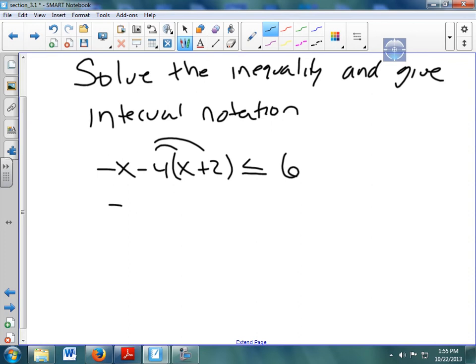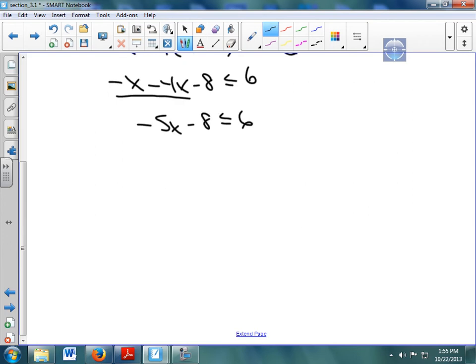So I have negative x minus 4x minus 8 less than or equal to 6. Combine like terms. I'm going to add an 8 to both sides. Negative 5x less than or equal to 14.